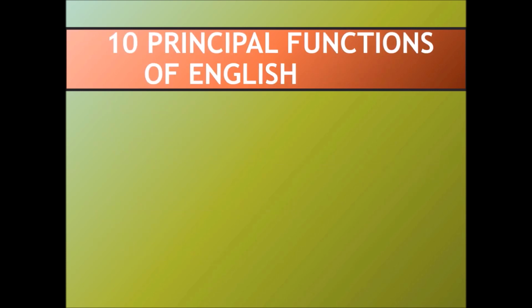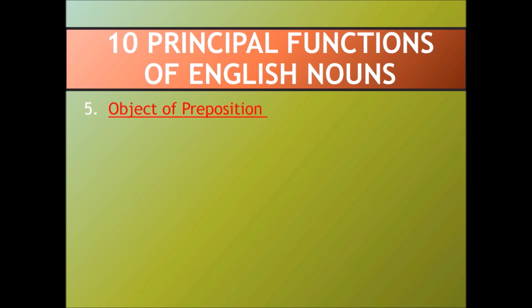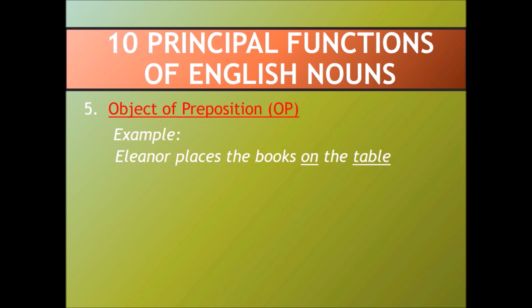Let's move to the fifth principal function of the English noun, and this is object of preposition or OP. Example of this is Eleanor places the books on the table, wherein the preposition there is on and the noun used as the object of preposition is the table there.